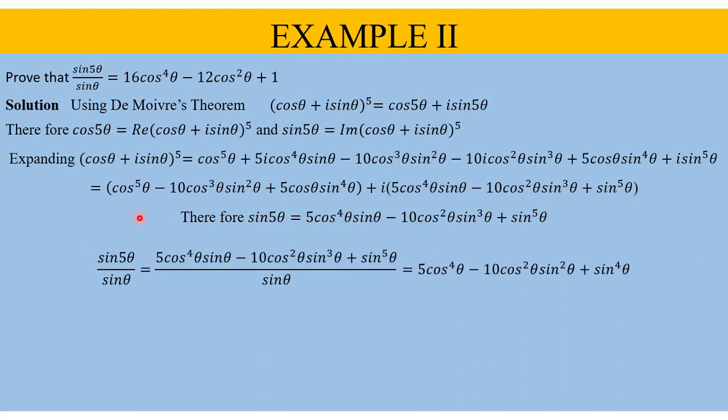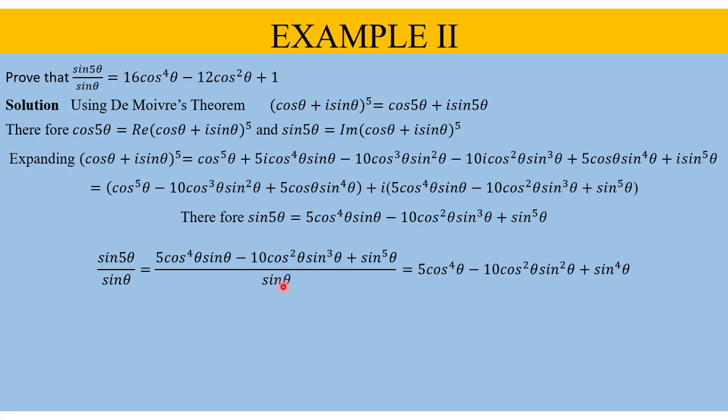Now after that step, since the proof is required to be divided by sin theta, we divide by sin theta both sides. So if you divide by sin theta both sides of this equation, we shall have sin 5 theta divided by sin theta is equal to 5 cos power 4 theta sin theta minus 10 cos squared theta sin power 3 theta plus sin power 5 theta, all divided by sin theta.